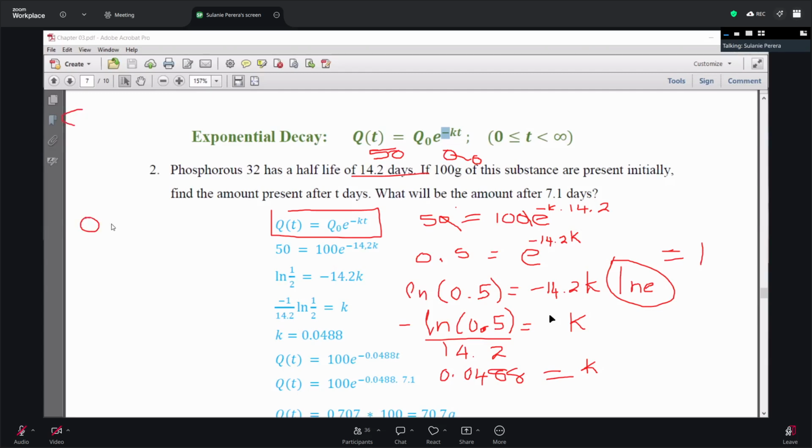So Qt equals initial value 100 e to the minus, don't forget the minus sign, 0.0488 t.